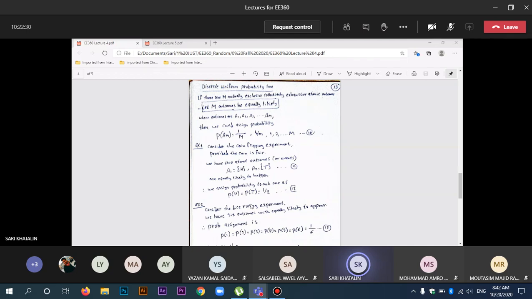Atomic outcomes means single outcomes, basically. We're going to assume that each of these M outcomes has equally likely occurrence. So it means the probability of each one of them is equal. That's what we're saying.